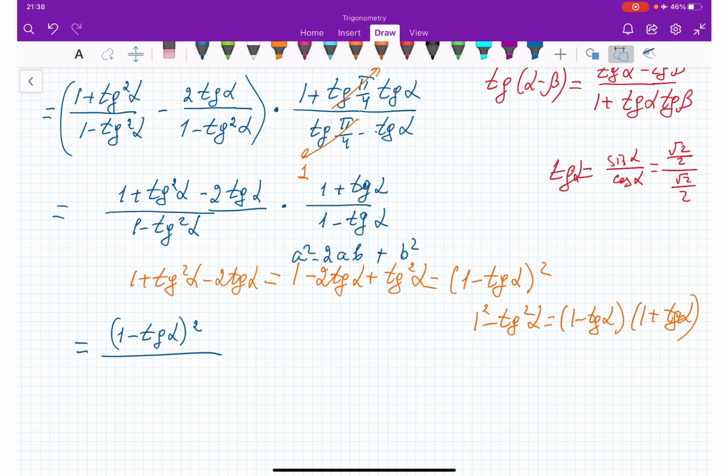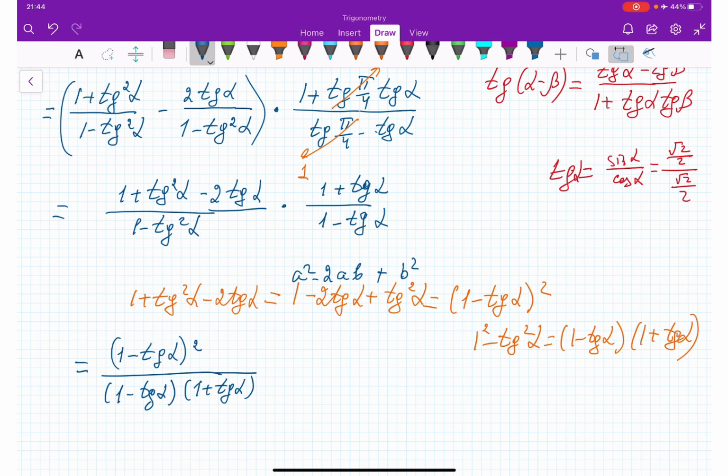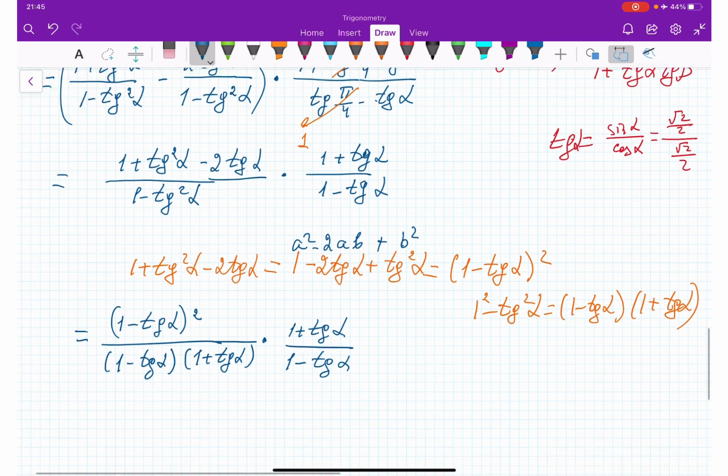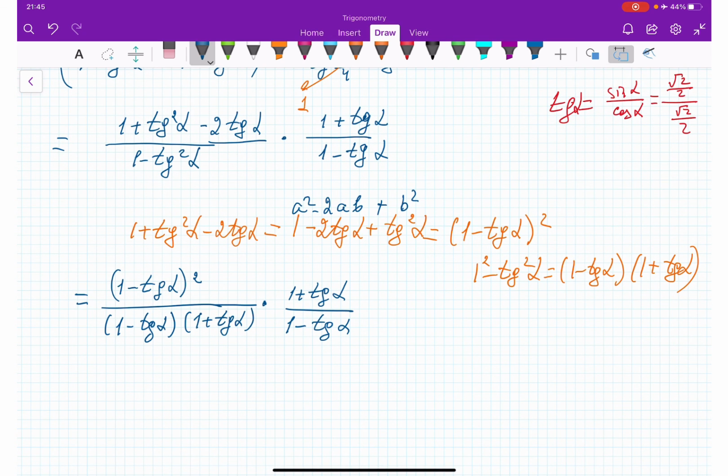Wait, let me write down properly. And multiply by 1 plus tangent alpha over 1 minus tangent alpha.